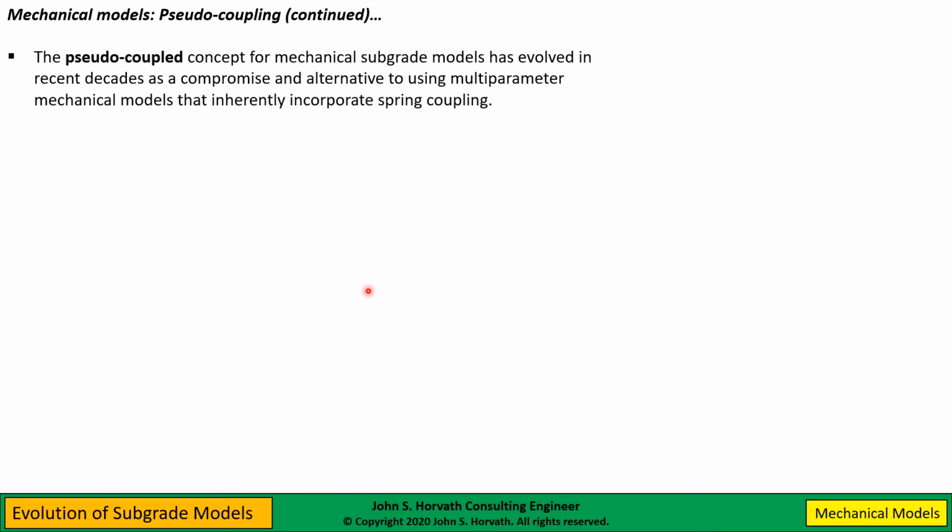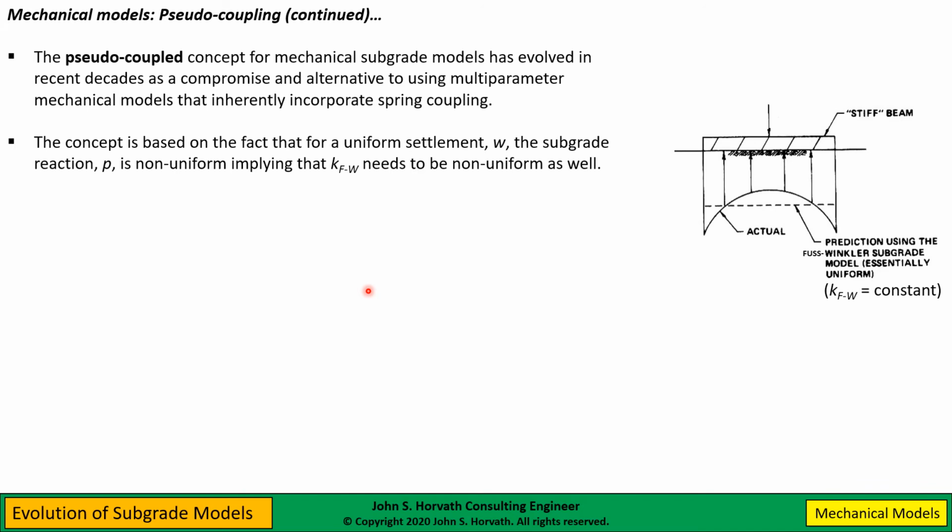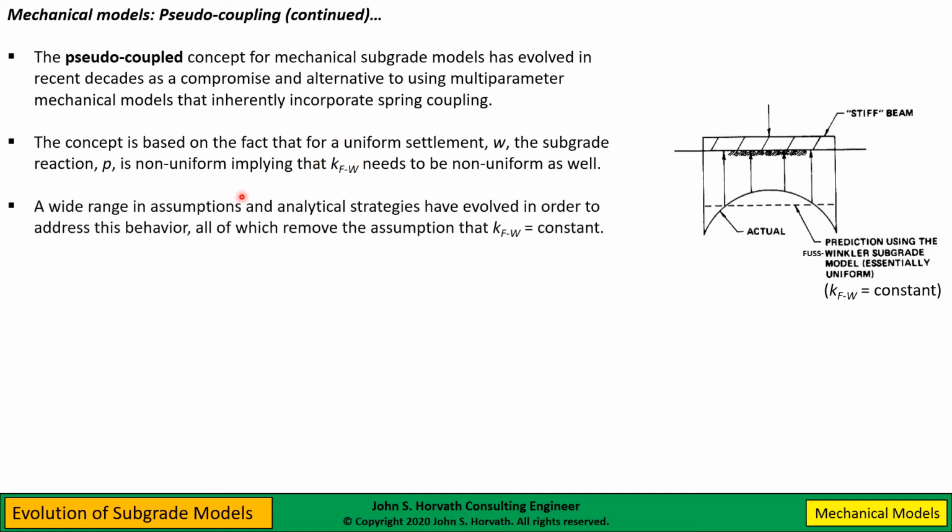And the so-called pseudo-coupled concept has evolved to make use of this. It's built around the thought that the real subgrade reaction is not uniform, so K should not be constant. The coefficient of subgrade reaction needs to be non-uniform, but how? Well, a number of strategies have come up.